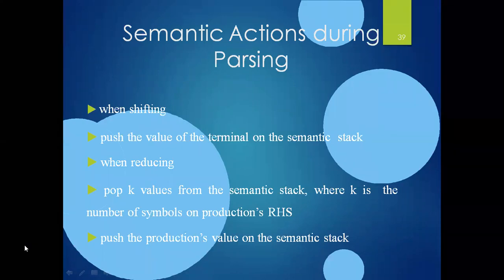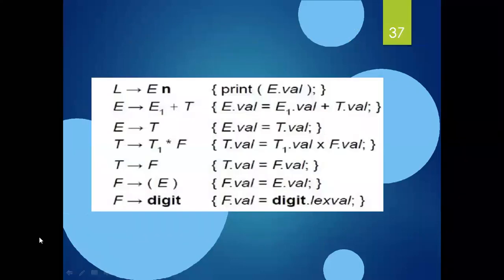But at the start of the class I showed you the example, see the example here. What the example defines is every action is enclosed with braces. That means we need to process the parser. During the process of parsing, some semantic actions take place. And what type of action takes place, just by seeing the enclosed part, we can easily understand which action takes place.